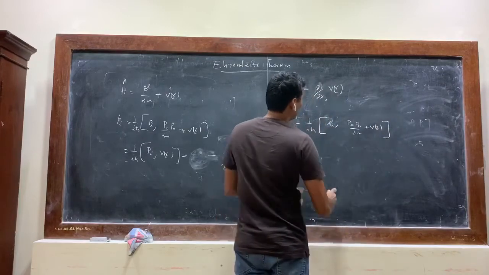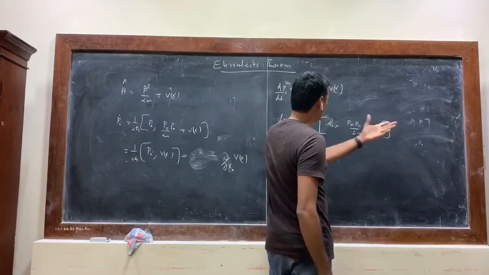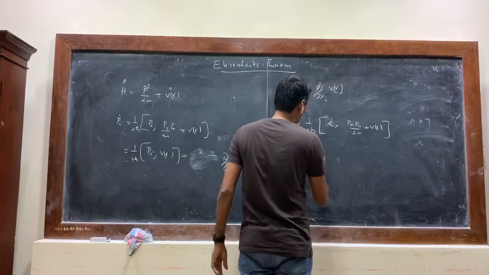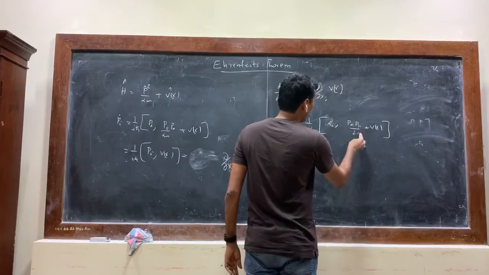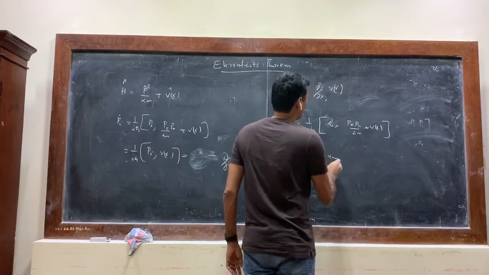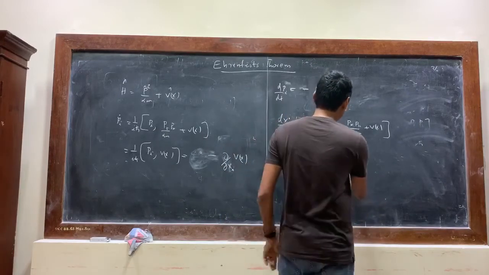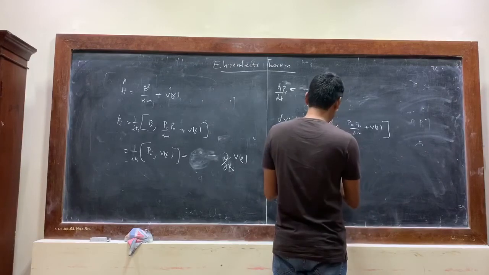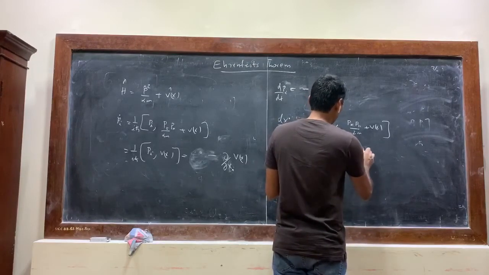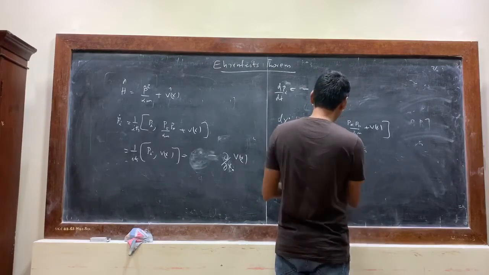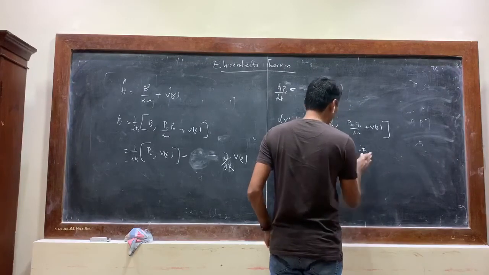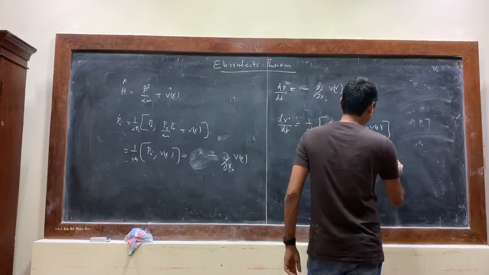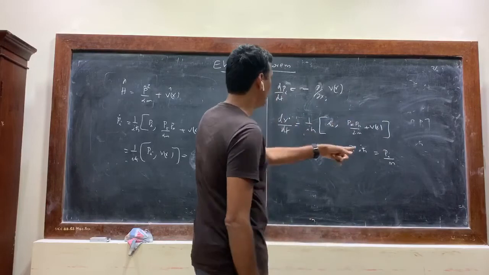Now x_i commutes with V of x, so that term will not contribute. So you get 1 by i h cut into x_i with p_k squared divided by 2m, which gives 2 p_i times i h cut. The i h cut goes away, the 2 goes away, and you get p_i by m. So dx_i by dt is p_i by m.